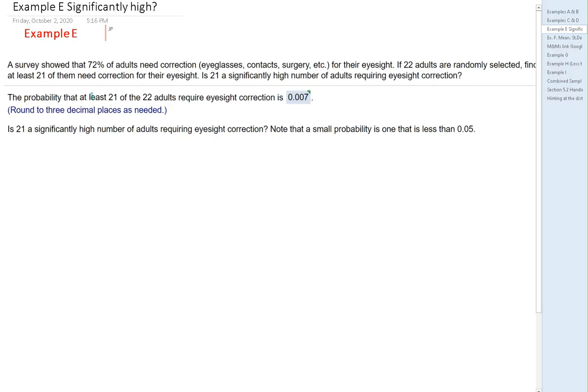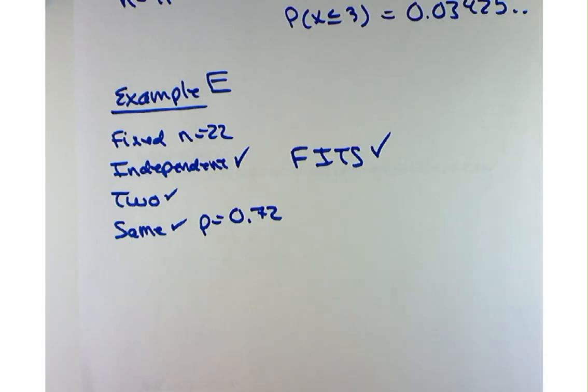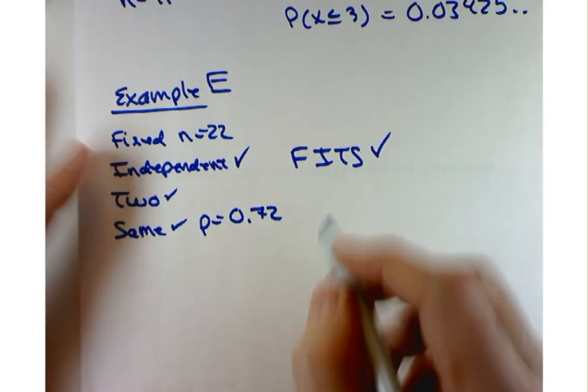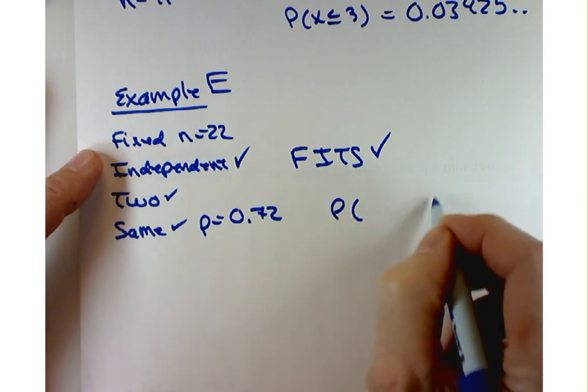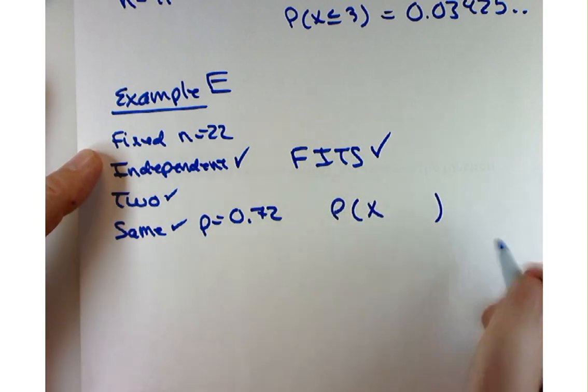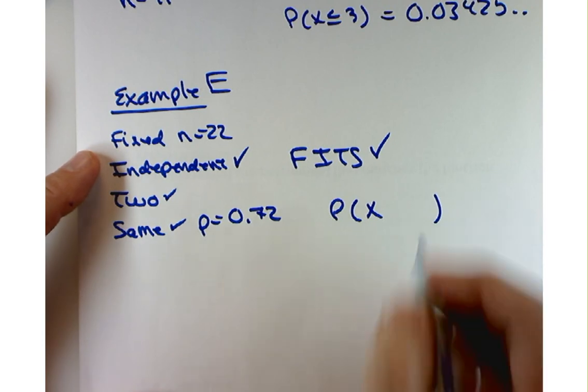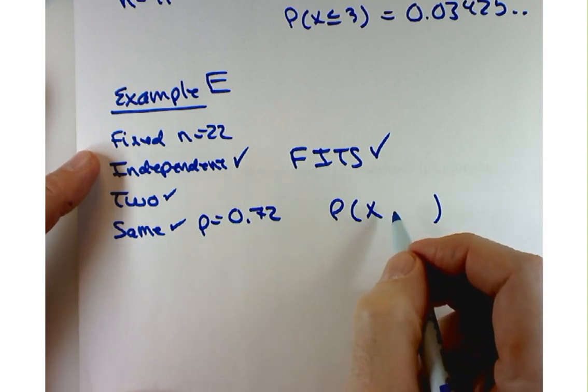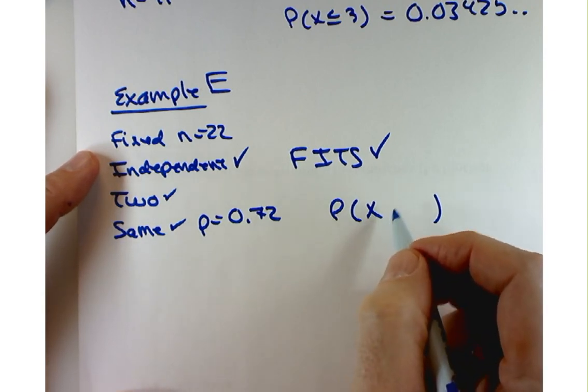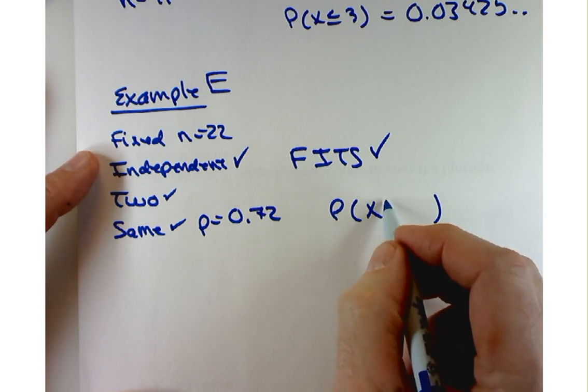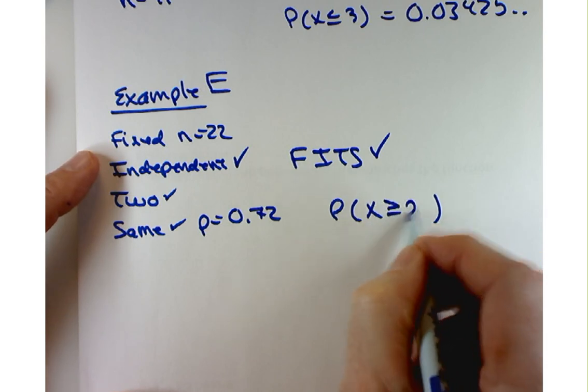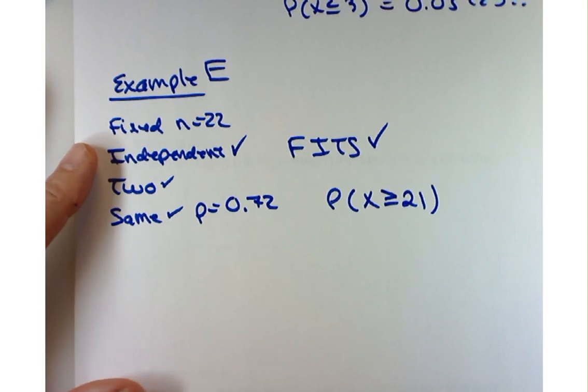We want the probability that at least 21 out of the 22 adults require correction. So as a probability, what should I write? P of X greater than or equal to 21.